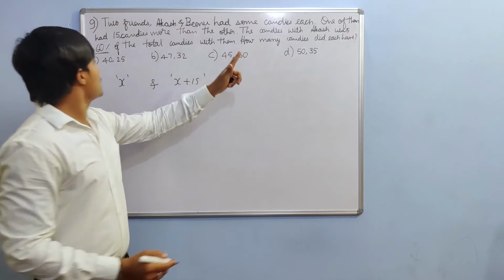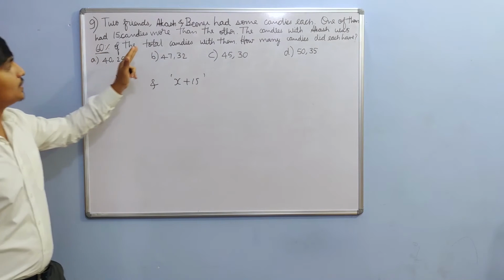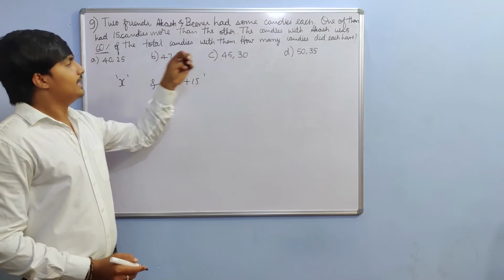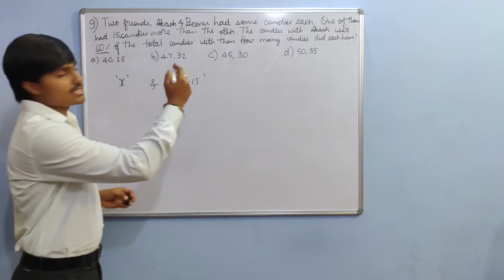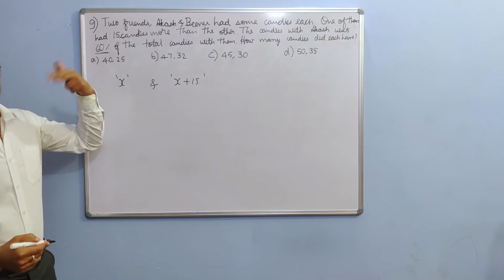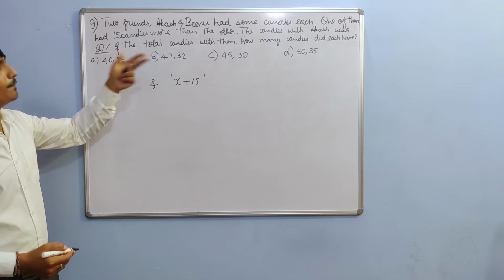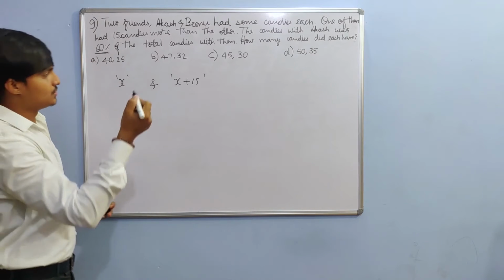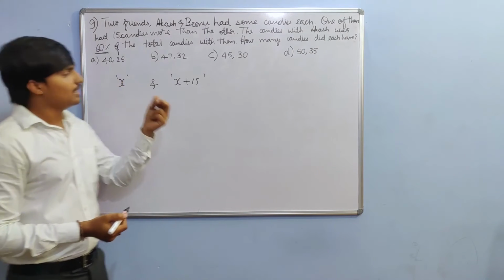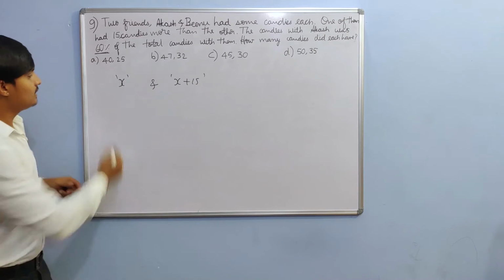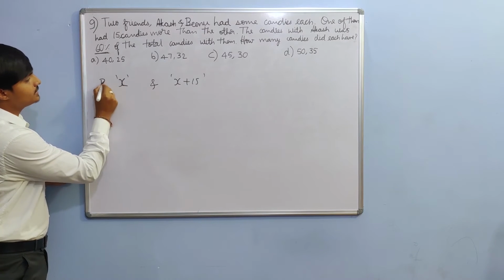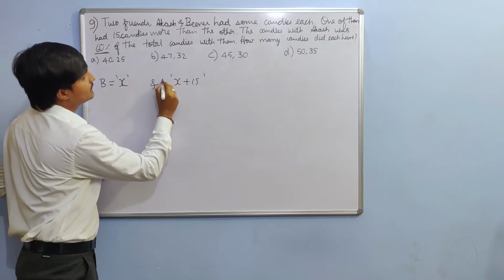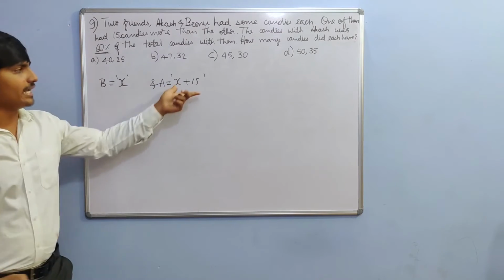The candies with Akash was 60% of the total candies with them. It means Akash is having more candies than Binu, because he is having 60% of the total candies. So from this we can assume that the candies with Binu is x and the candies with Akash is equal to x plus 15.